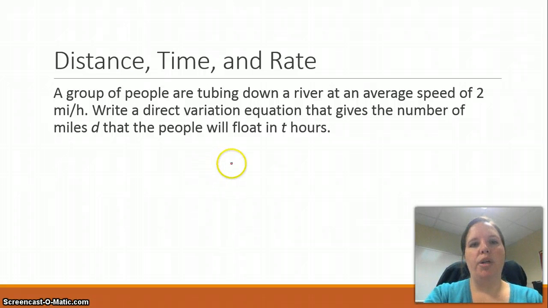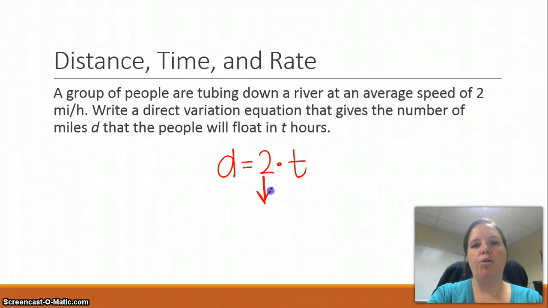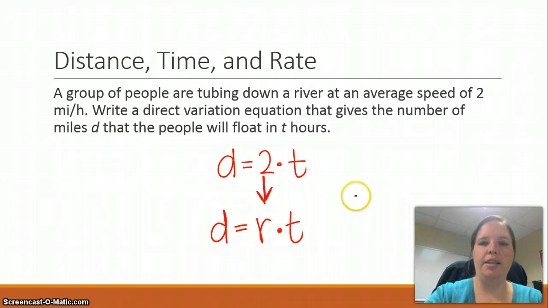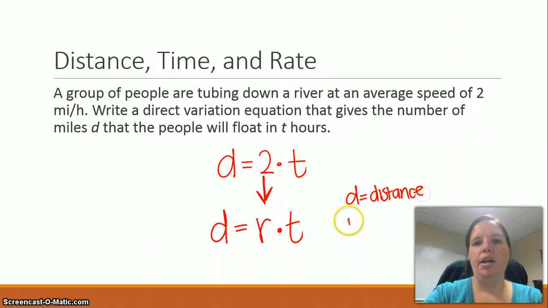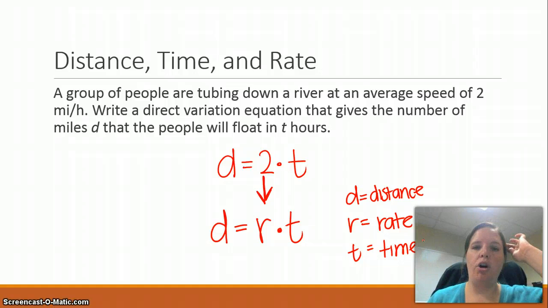So if we think about the equation we just wrote, d equals 2 times t, distance equals 2 times time, we could use this equation to help us write a more general form, where d equals distance, and instead of that actual number of how fast they were going, we substitute the variable r to stand for the rate. So how fast are they going?